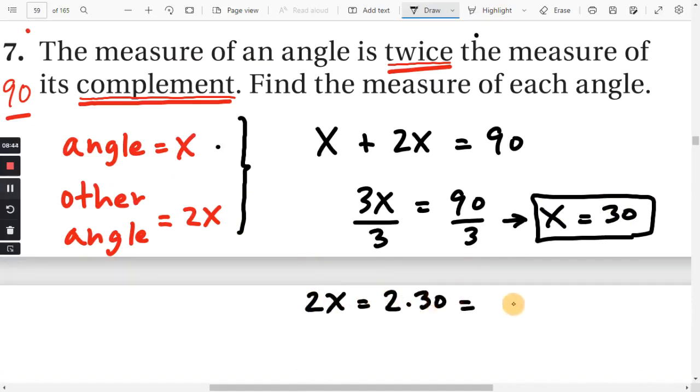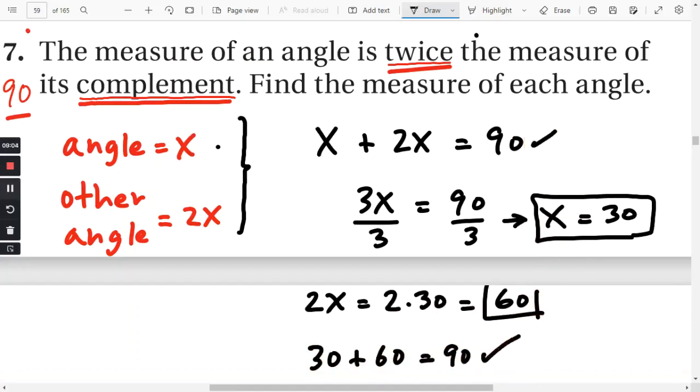So 2 times 30 is just 60. That's your other one. Okay, adding the 2 together just to double check at the end. 30 plus 60 equals 90. Okay, so it checks out.